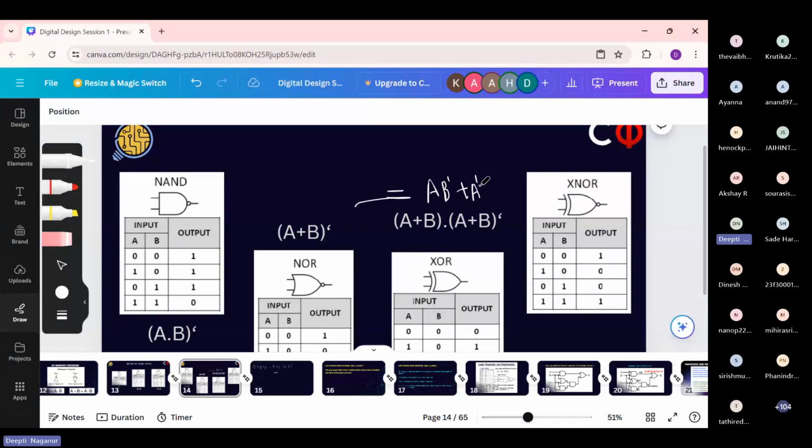And what does XNOR simplify to? XNOR is basically this, that is (AB prime plus A prime B) whole prime. Can somebody tell me what this simplifies to?